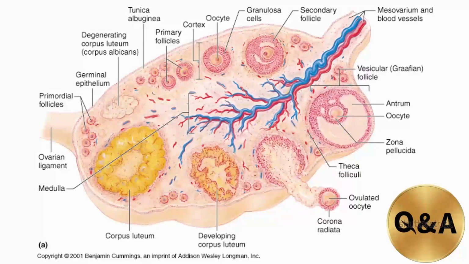At that time, we were discussing the types of follicles, and in the last few slides, we reached the stage of the oocyte being expelled.